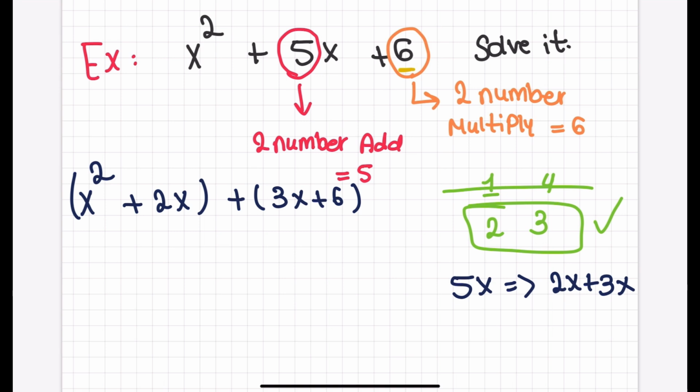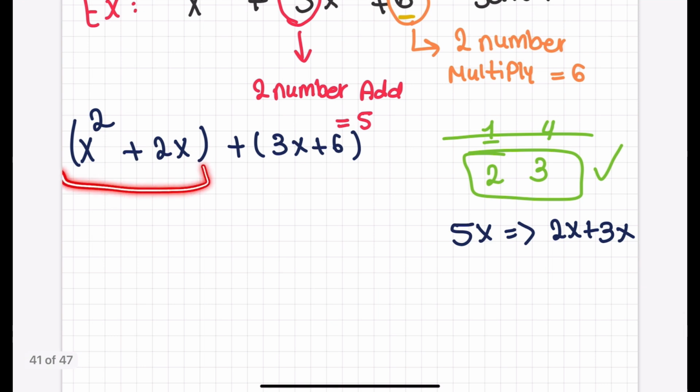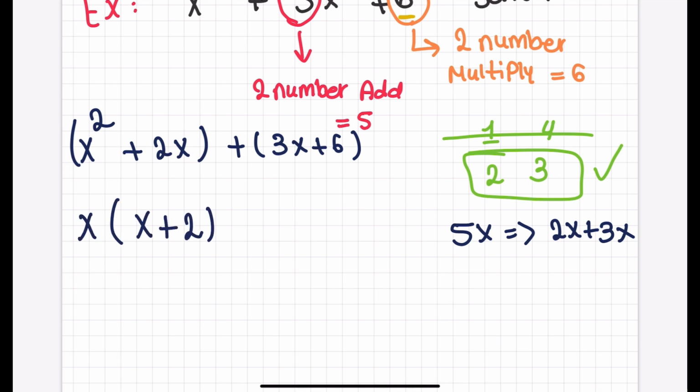So let's continue with our solution. In the first bracket, I can factor x. So I'm going to write down x times the bracket x plus 2. How can I factor?